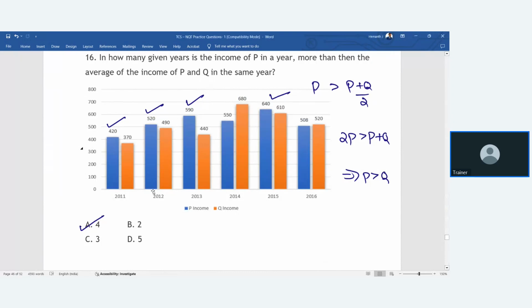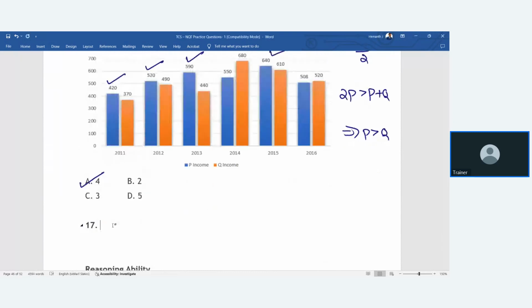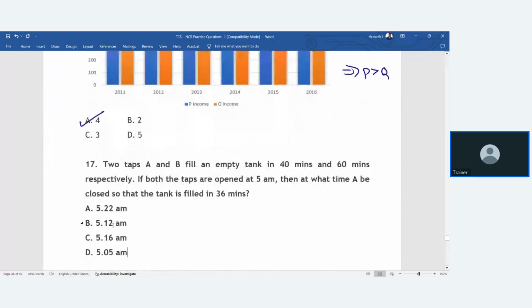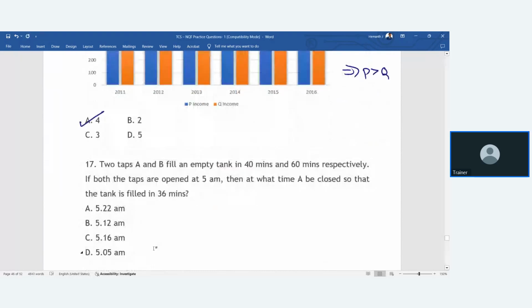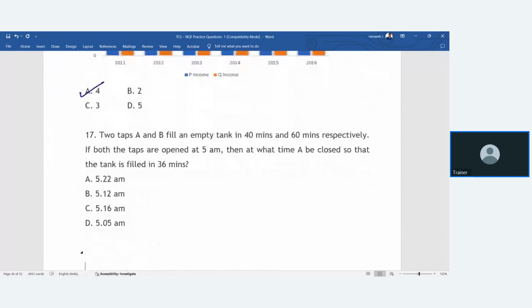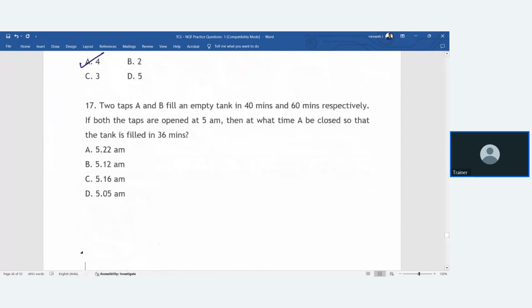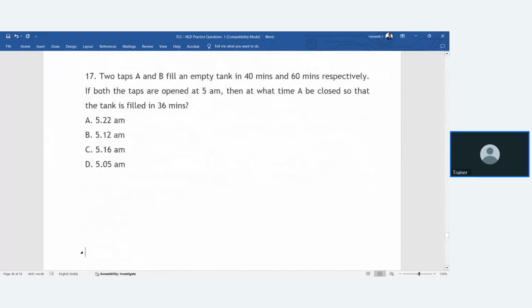Now see this next question. Two taps A and B fill an empty tank in 40 and 60 minutes respectively. If both taps are opened at 5 a.m., at what time should A be closed so that the tank is filled in 36 minutes?